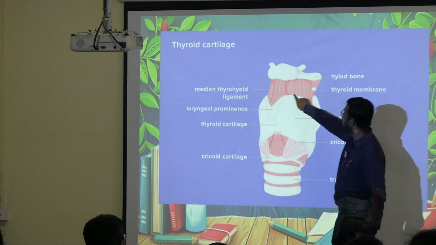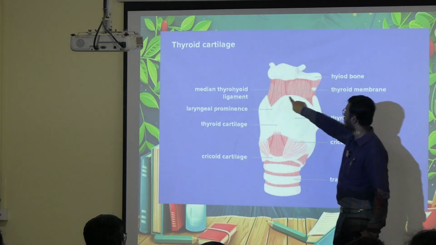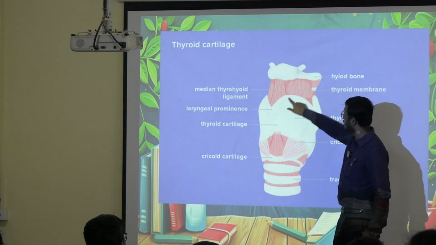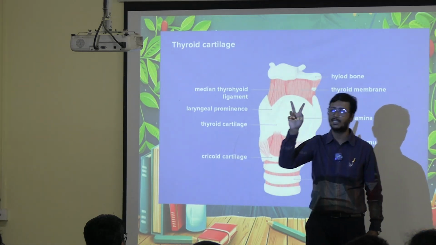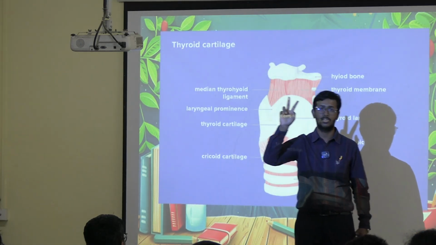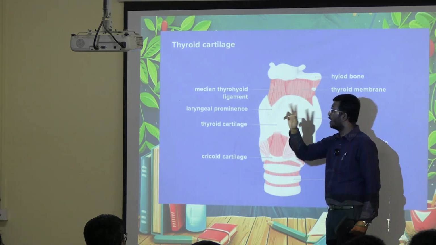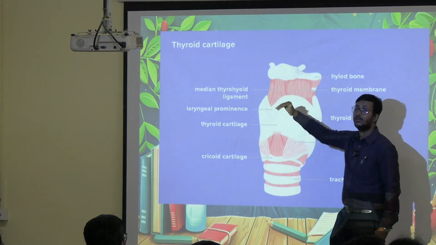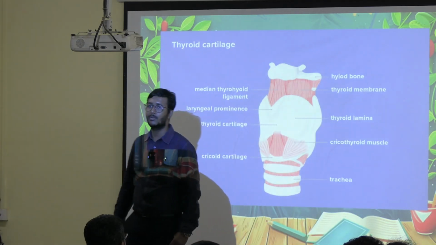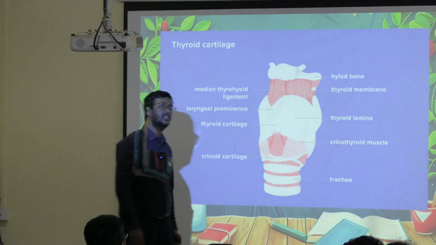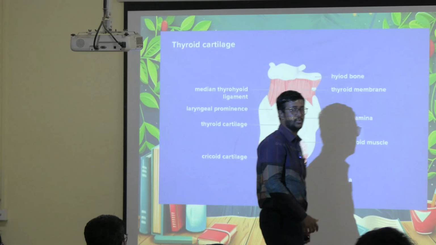Now here comes the superior border of the lamina of the thyroid cartilage. Okay, so at this part, this common carotid artery bifurcates into external and internal carotid artery. Is it clear? And this is the same level which corresponds to C2, C3, that is your cervical vertebra.